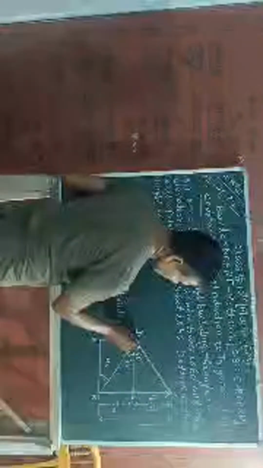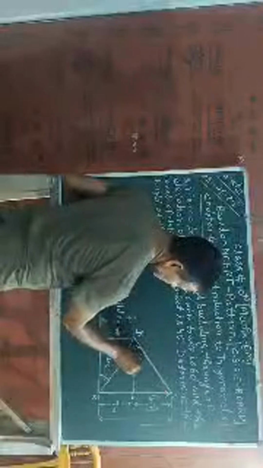I will say this is the cable tower, and the angle of elevation of the top of a cable tower is 60 degrees. It means that this is the height of the building, which is given, that is AD. From the top of the building I have looked at the point C, and this is the angle of elevation.